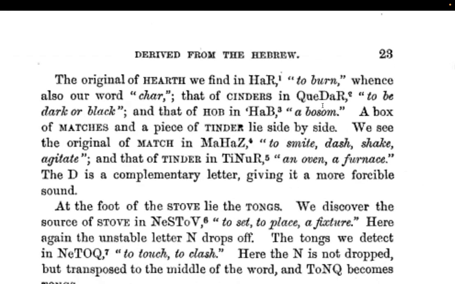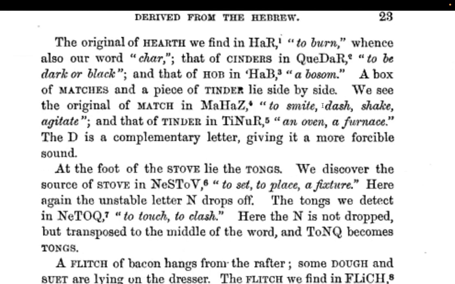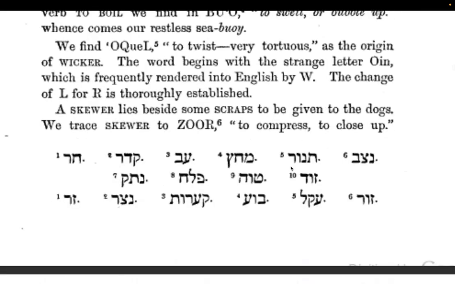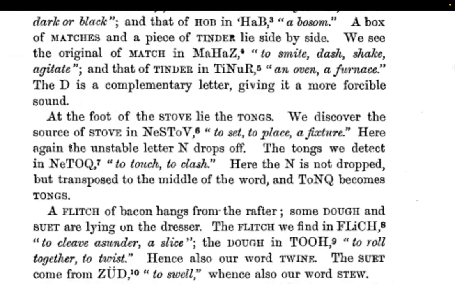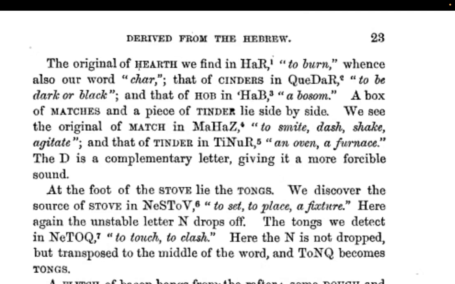The original of hearth we find in har, to burn. Hence also our word char, to burn, right? That should be chet resh. That of cinders is kudar, to be dark or black, and that of hob is chab, a bosom.